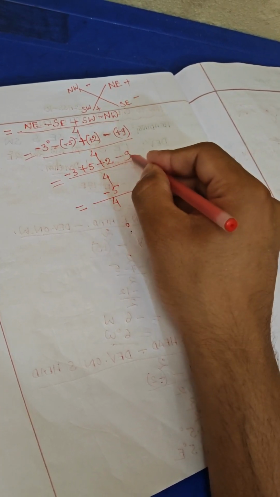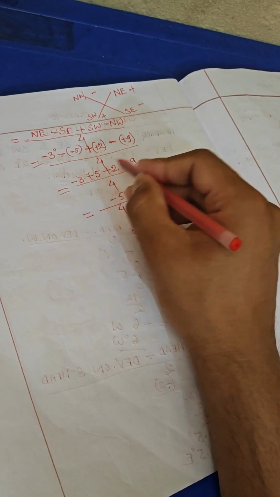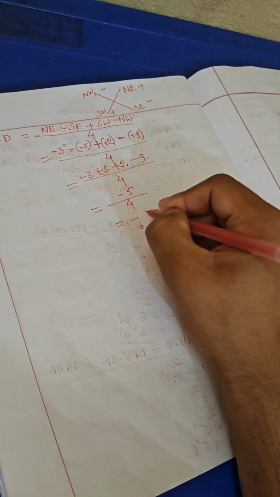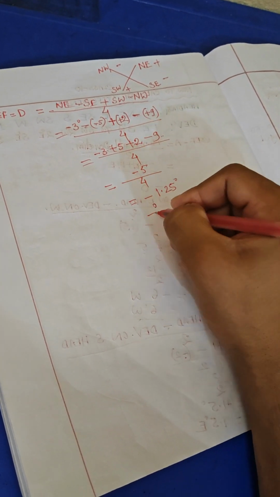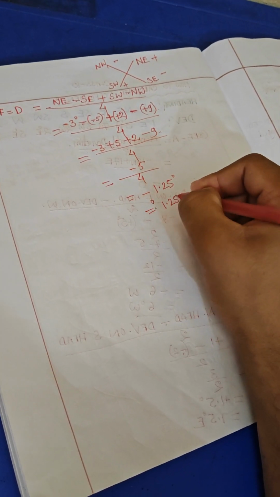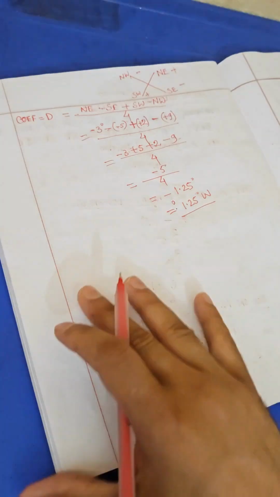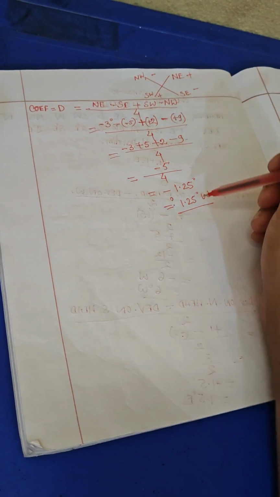You can check this one, this 9 and 3 is 12 and this 2 is 7, so minus 5 by 4. So finally it is minus 1.25 degree. Okay, so this is 1.25 degree westerly deviation, correct? You see, you can find the coefficient D value by this formula.